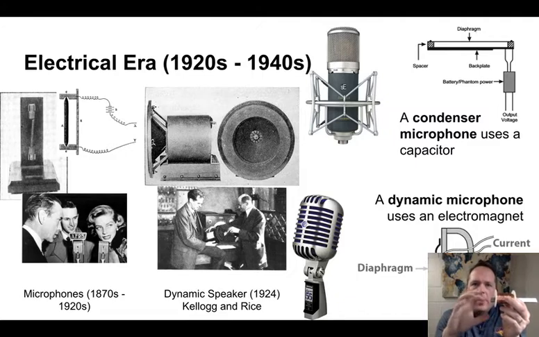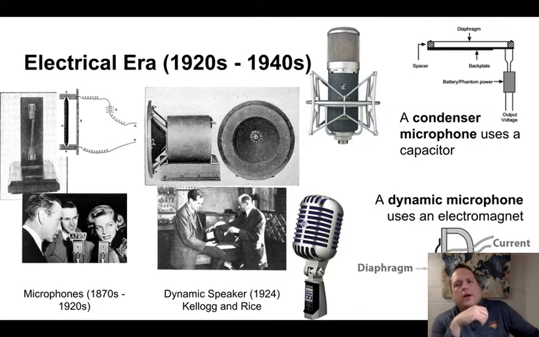And these changes in current can oscillate the magnet back and forth. And that magnet, if it's hooked to some sort of paper cone, is going to jiggle it back and forth and produce the sound that's in the speaker coming out on the other end. So a dynamic microphone and a dynamic speaker are actually one and the same device. They're obviously engineered for their specific purpose, but you can actually use one as the other.